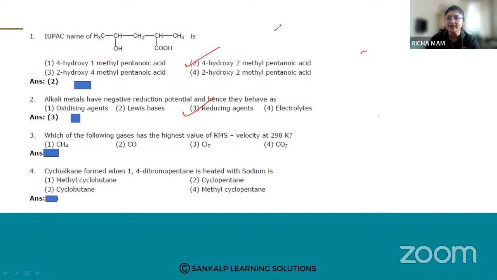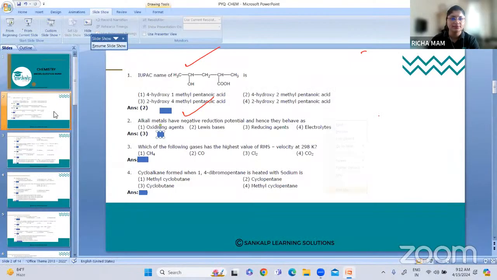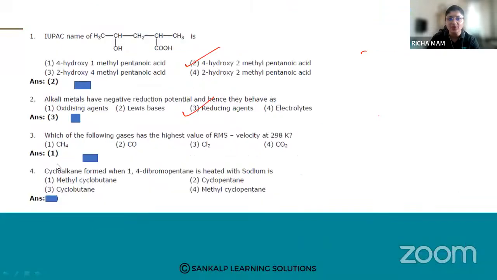So let us see the correct answer. It is 1. The answer is 1.